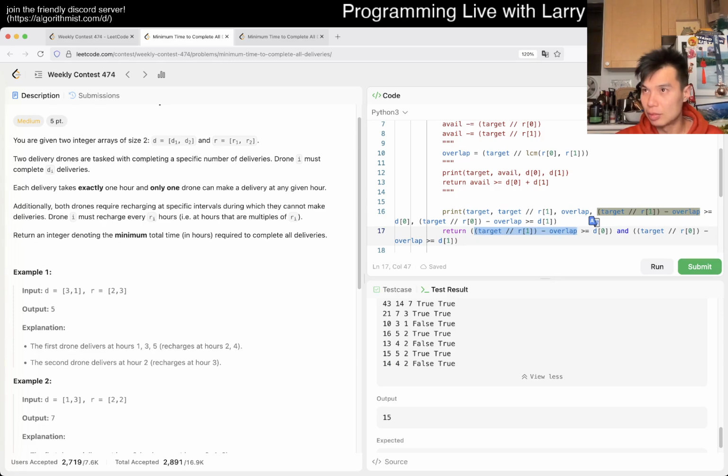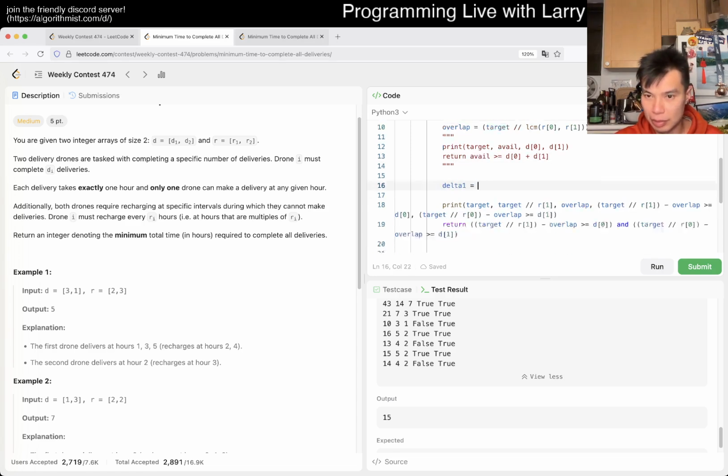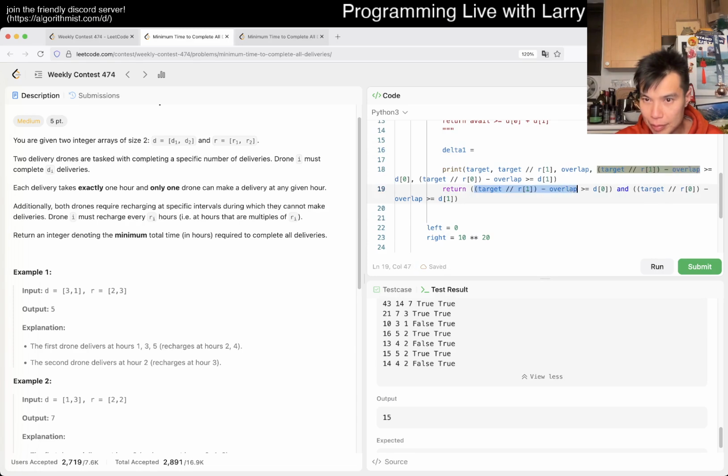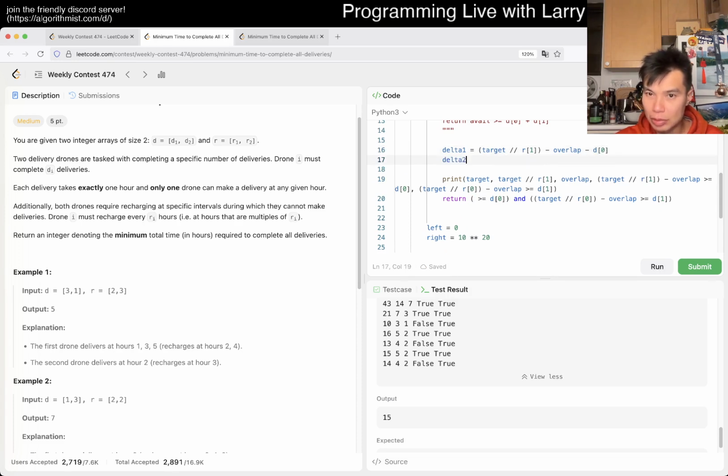Because that's the... Okay, so then now... Okay, fine. So delta 1 is equal to this thing, right? Maybe? And then delta 2 is equal to this thing, maybe. I don't know.